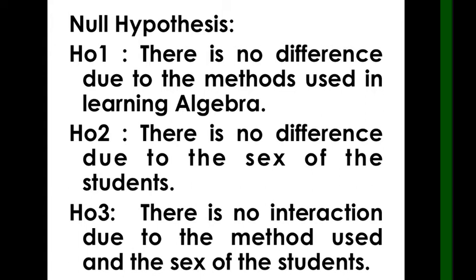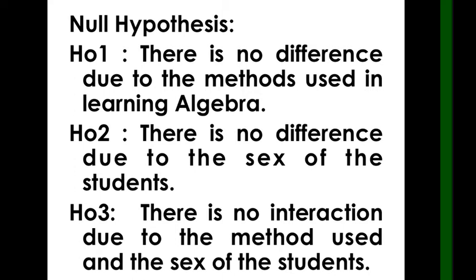For hypothesis 1, we are comparing the three methods. For hypothesis 2, we are comparing the two sexes, male and female, about their mathematics performance. For HO3, there is no interaction, meaning to say we are looking for the difference or the interaction between the sex and the method used.